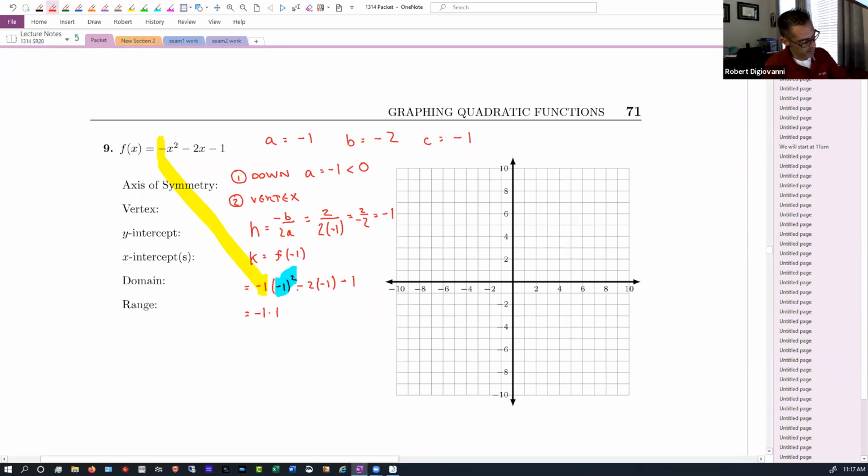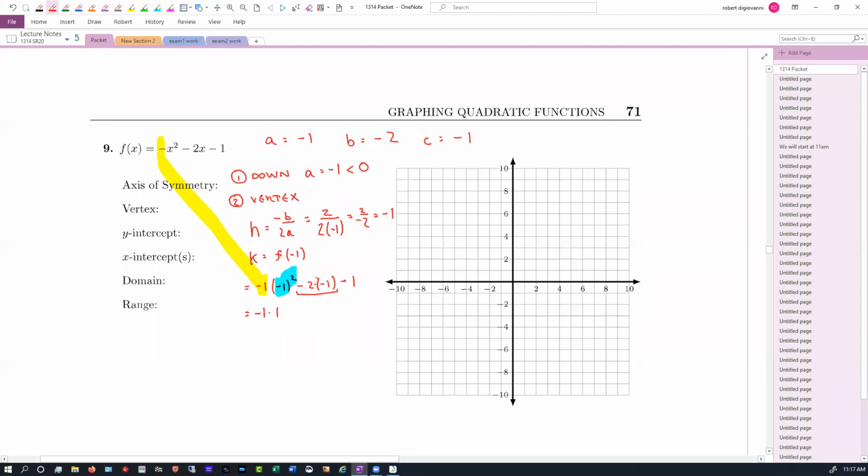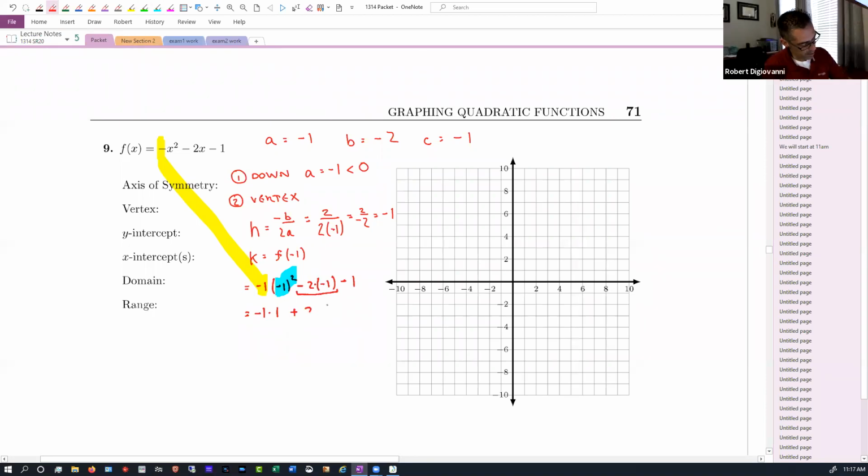Then -2 times -1, because that's multiplication, is positive +2. And we still have -1 out there. The -1 times 1 is -1, +2, -1. Isn't that just 0? That's just 0.